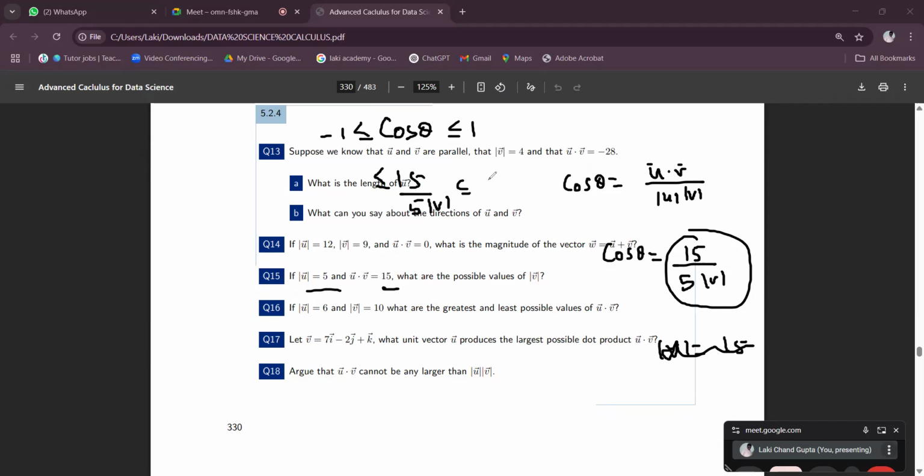Okay, so you give a range here. We have 3 over the magnitude of v. Divide by 3 on both sides.